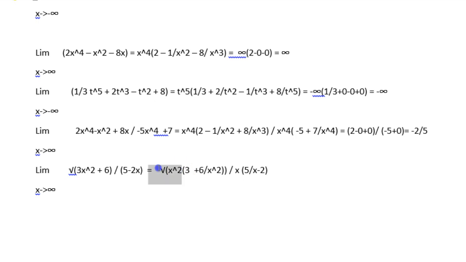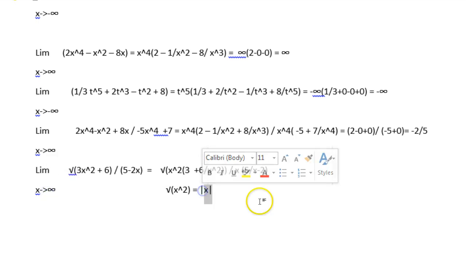Okay, now if you notice right here, we're going to be square rooting an x squared. But when we square root an x squared, guys, that's going to equal the absolute value of x. So you have to be very careful to think about this. Now, since x is approaching infinity, I think this is going to stay positive.